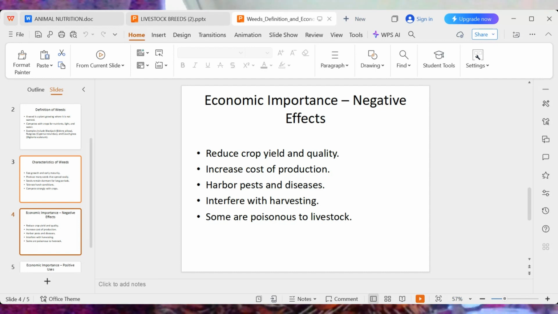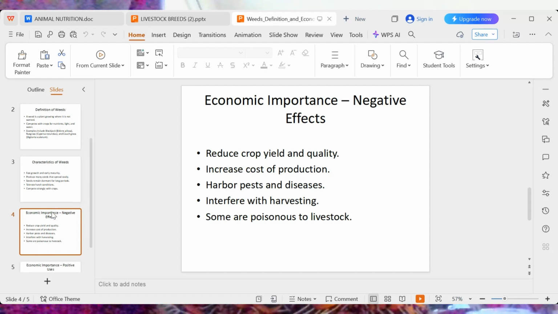Mwalimu, pardon? Okay, I'm saying we are looking at the positive effects of the weeds. We have just finished the negative ones, and we have said weeds have negative effects, and one of them was that weeds reduce the crop yield. And here now we are going to see the positive effects of the weed.